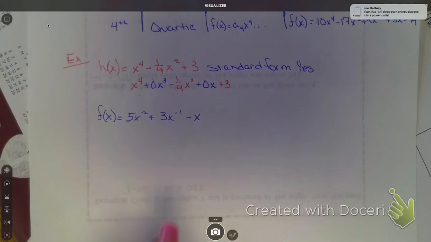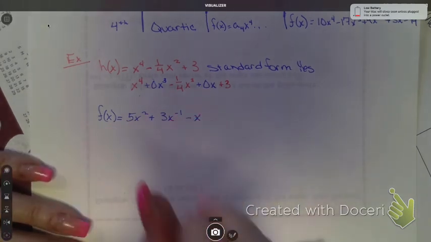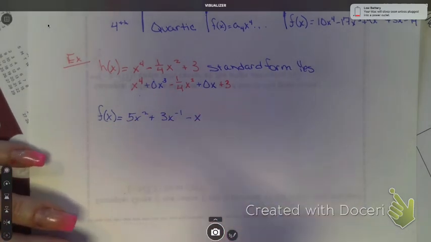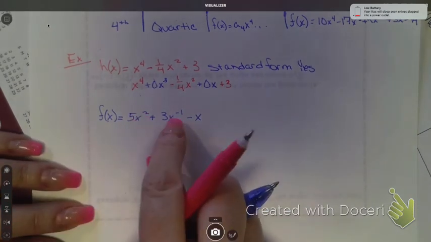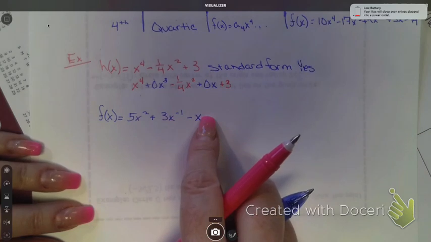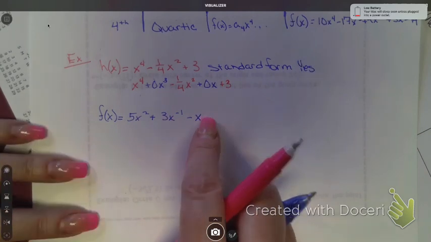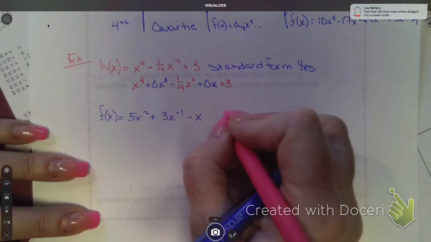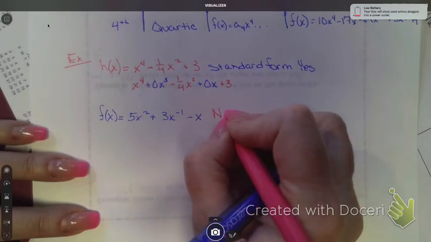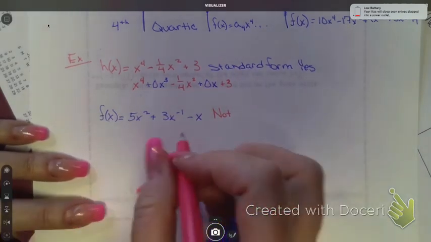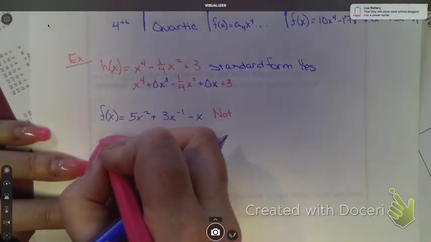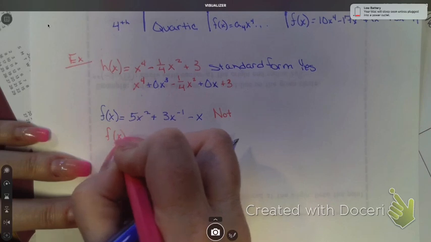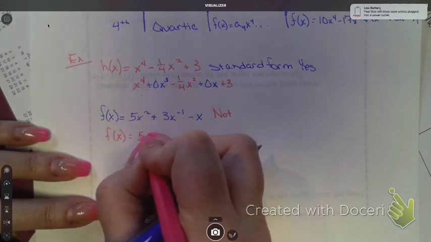What's the biggest power there? 2, then negative 1, and the last one is 1. So it's not in standard form. Now we have to put it in standard form, so the biggest one goes first. I have 5x squared.